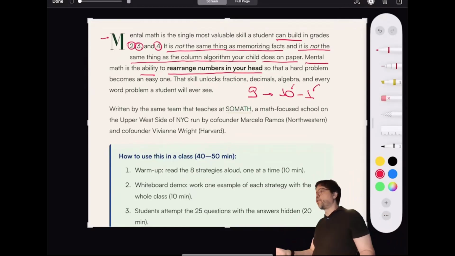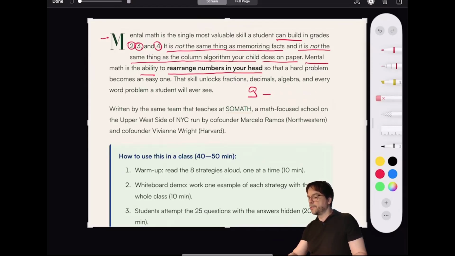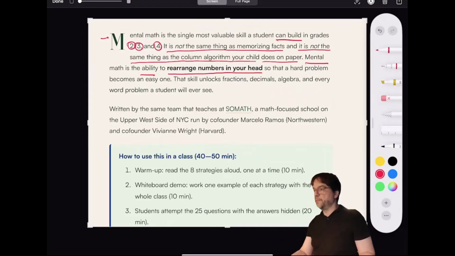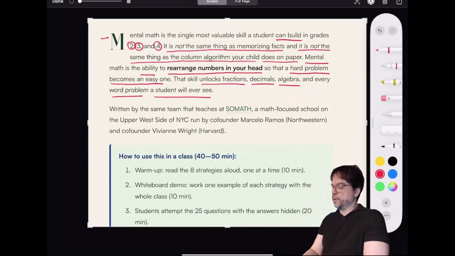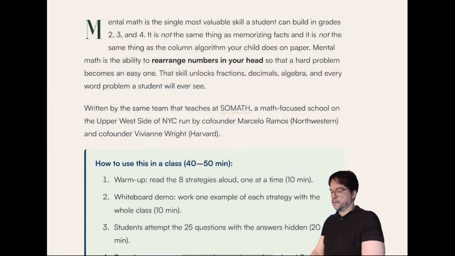So we transform the numbers to get numbers easier to proceed the operations. Are you with me? So that hard problem becomes an easy one. That skill unlocks fractions, decimals, algebra, and every word problem a student will ever see in the future. Okay?